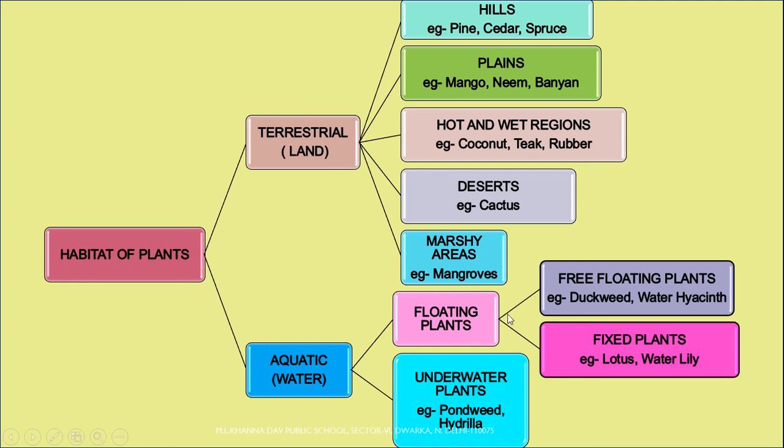Floating plants are further divided into two categories: free floating plants and fixed plants. Free floating plant examples are duckweed and water hyacinth, and in the fixed plant category we have lotus and water lily. So now we know that plants are found in many different types of places and they have special features which help them to adapt to those conditions.